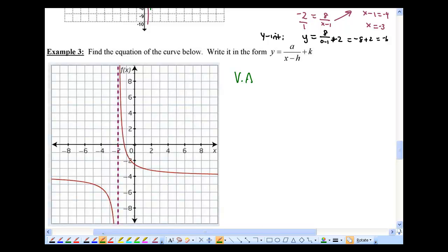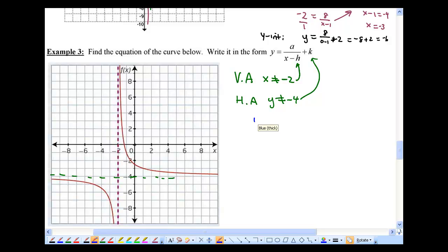Yes, a vertical asymptote: x can't be equal to -2. And as a hint, that affects the h. See if you can find a horizontal one. It's not drawn, but it looks like it's -4. So your horizontal asymptote is y can't be equal to -4. And yes, that should affect the k.